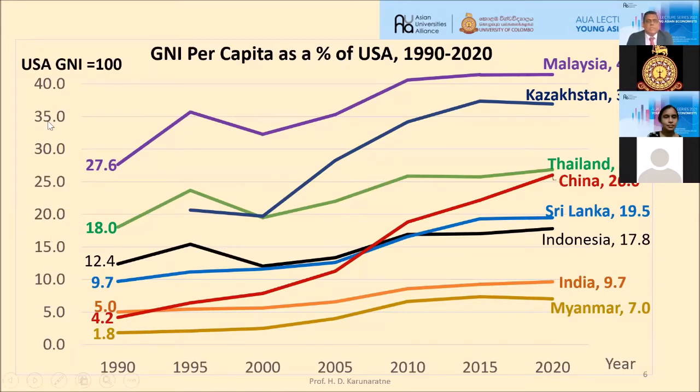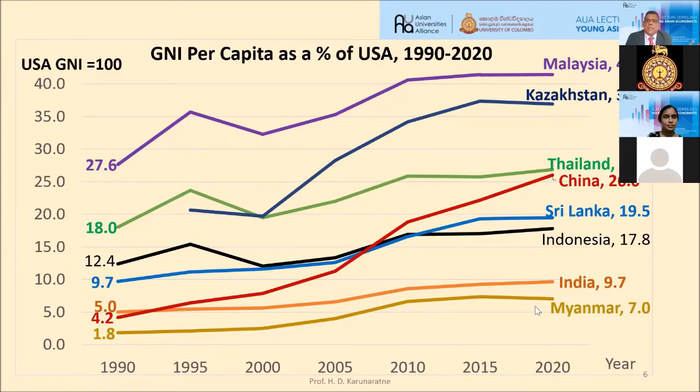So you can see, for example, Malaysia in 1990, if you take US GNI as 100, the Malaysian GNI per capita was 27.6. During the last 30 years, it increased to 41.4. And then you can see Thailand, for example, it was 18% of US per capita GNI in 1990.